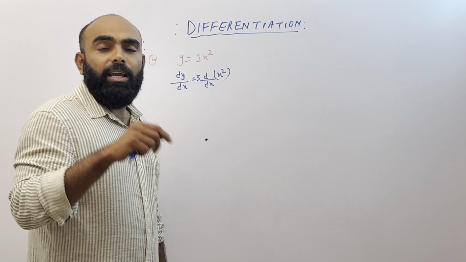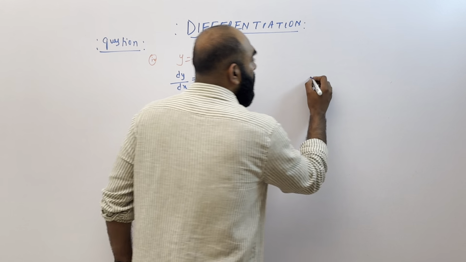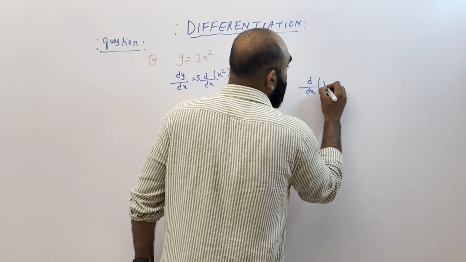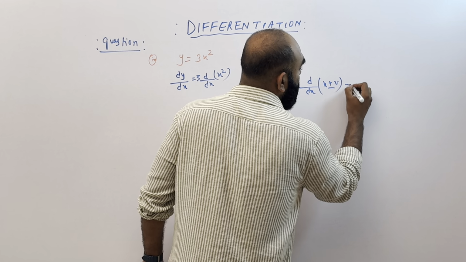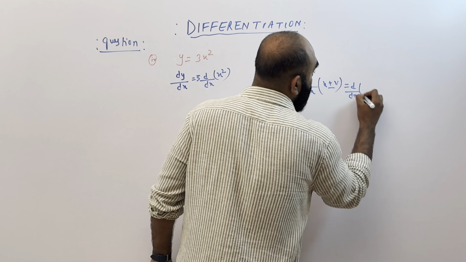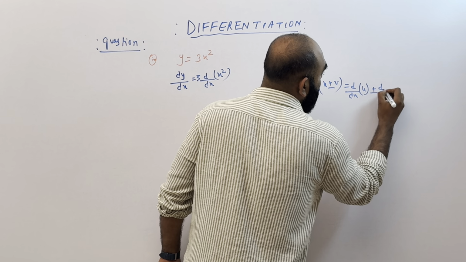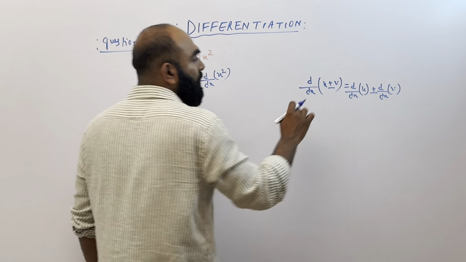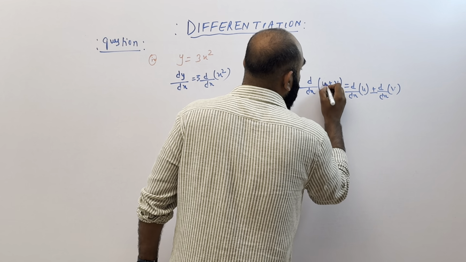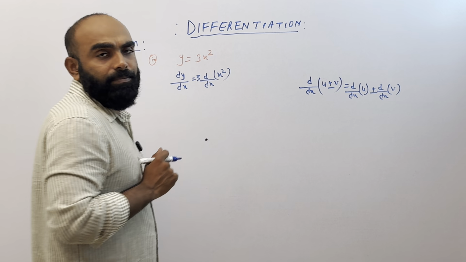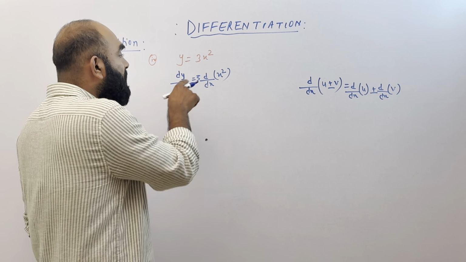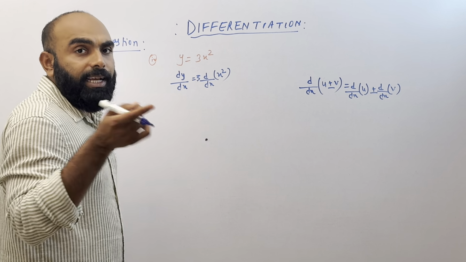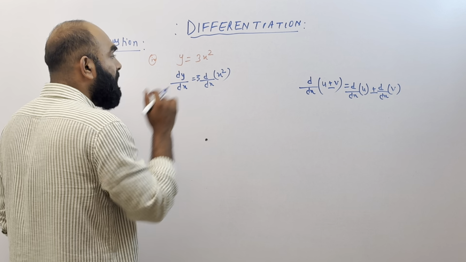As I told you, d by dx of u plus or minus v is d by dx of u plus or minus d by dx of v. Differentiation is distributed over the plus and minus. But if a constant is multiplied with the variable, take the constant outside and then differentiate.